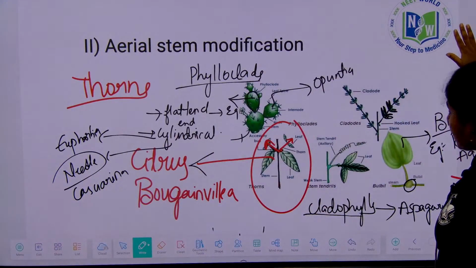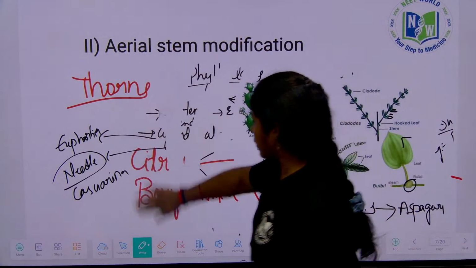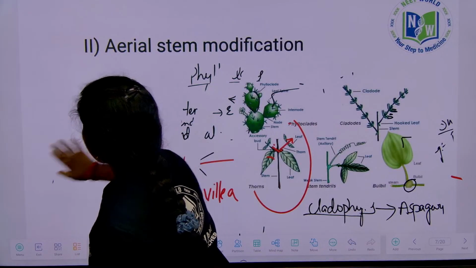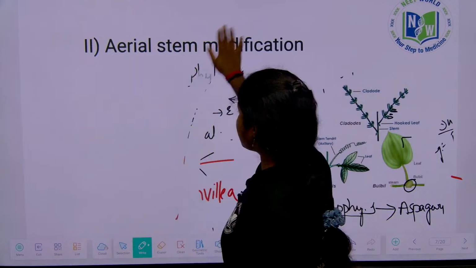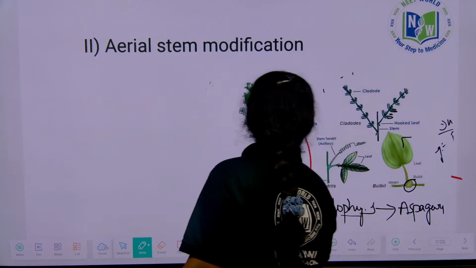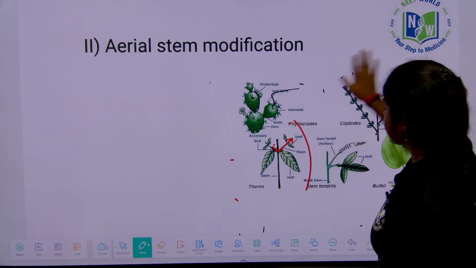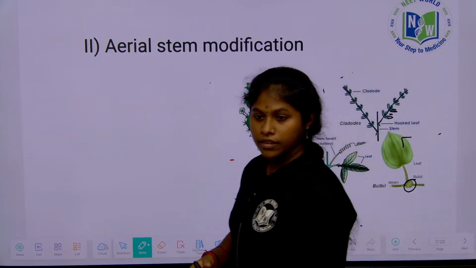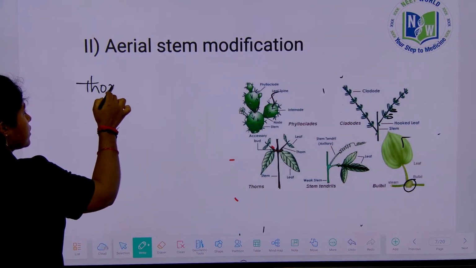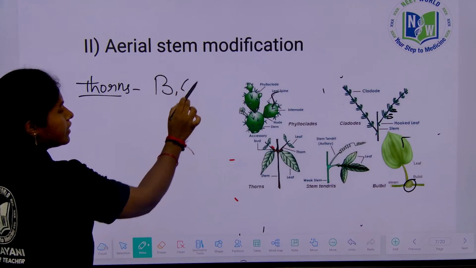Aerial stem modification, I am saying. Tendrils: if they arise from the terminal bud, the example is grapevine. If it is the axillary bud, for thorns, the examples are bougainvillea and citrus.